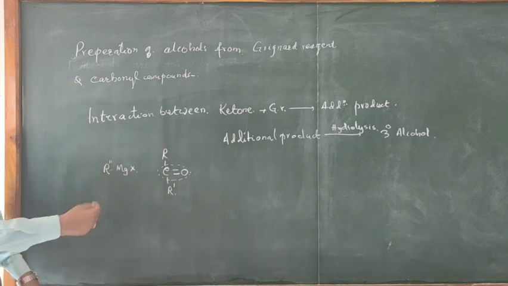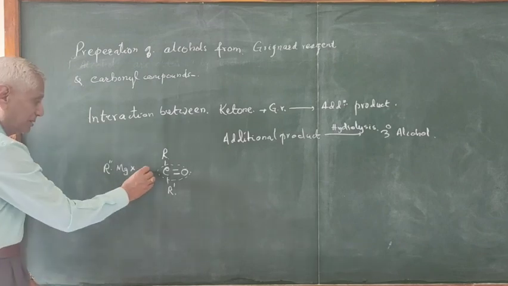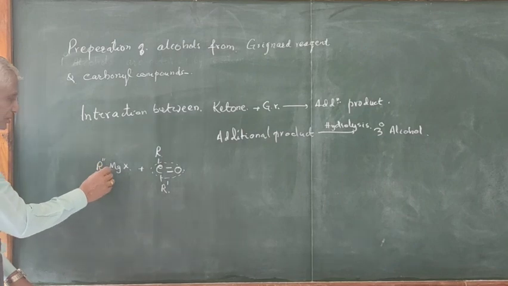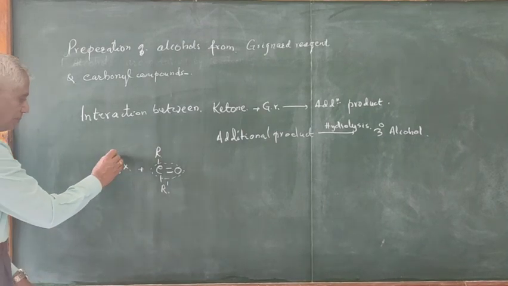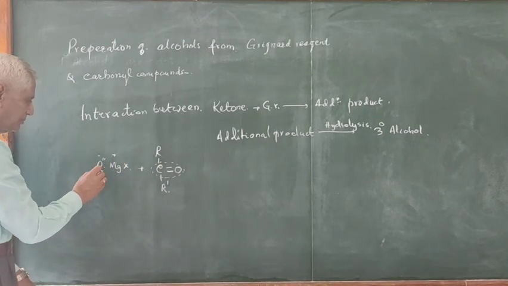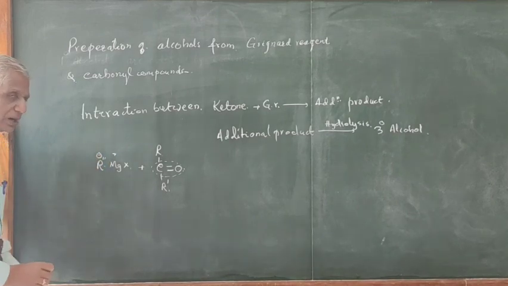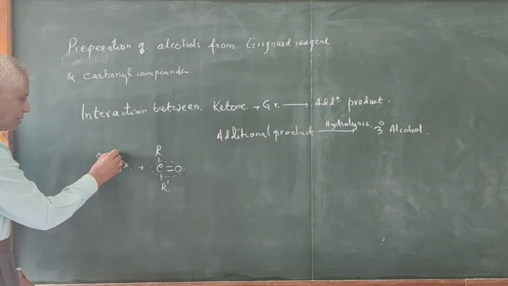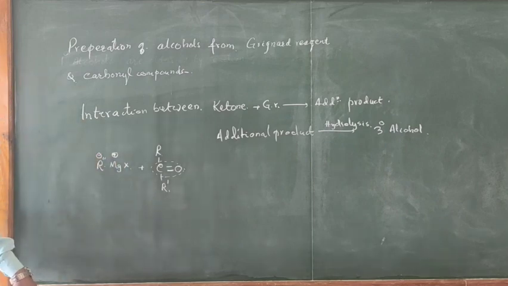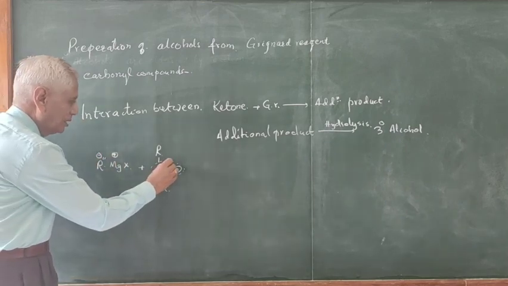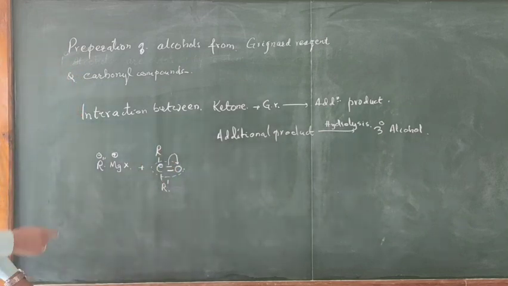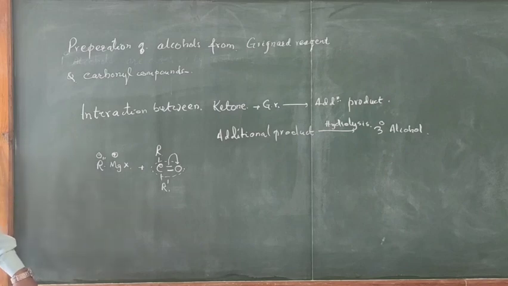So this Grignard's reagent will add up here as usual. You know that Grignard's reagent is a polar compound, plus and a minus. Alkyl group of the Grignard's reagent has got negative charge, and MgX of the Grignard's reagent has got a positive charge. And as you know here, again, this will generate polarity. Oxygen will attach negative charge, and carbon has got a positive charge.